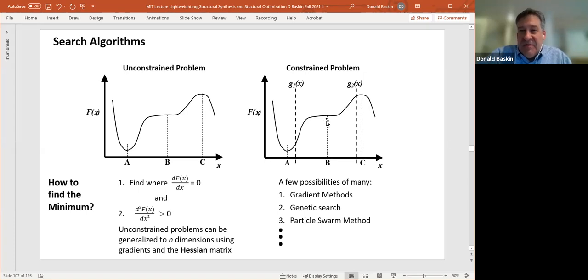Some of them even participate in competitions where they all go in a room and are given a function, and they unpack their algorithms to see who can find the optimum of that function the quickest. They modify and continue to improve these algorithms to find the fastest way to find the maximum and minimum of an equation.